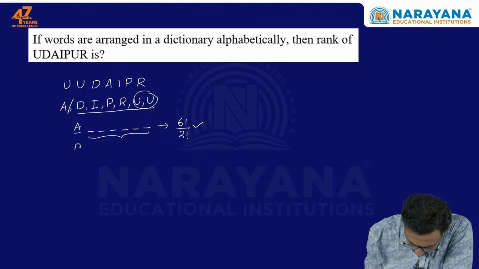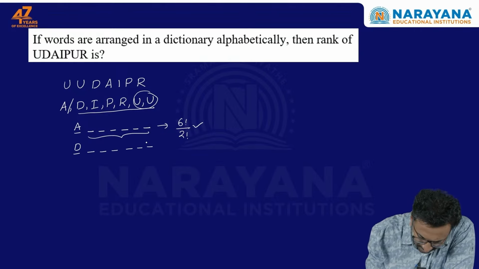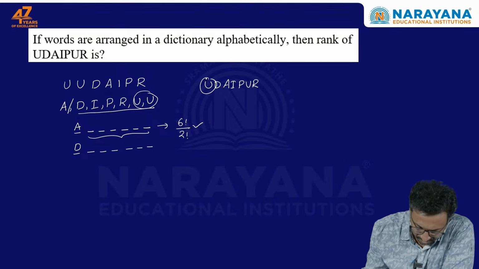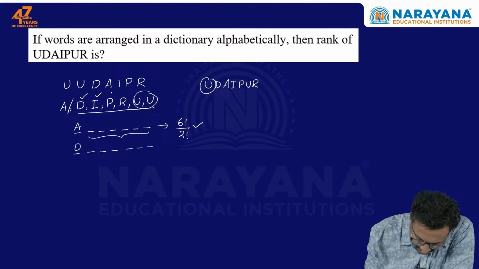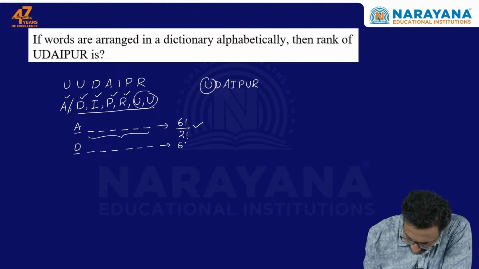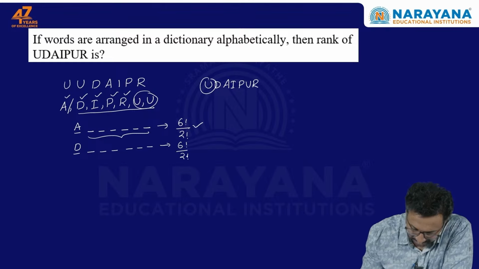Next, similarly, how many words will start with D? Before the word Udaipur, as you can see, is starting with U, right? So before the words starting with U, words starting with D, I, P, R, and A, all of them will be completed. So words starting with D, again 6 factorial by 2 factorial.